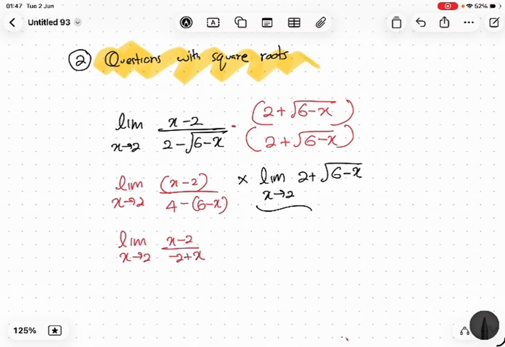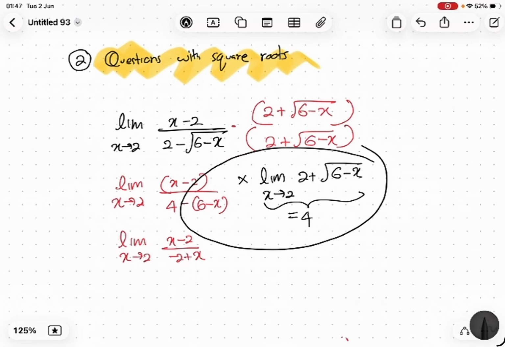From that, without any undefined conditions, we can find the answer. So this is equal to what? When x gets closer to 2, 6 minus 2 is the square root of 4, which means 2. So 2 plus 2 is 4. Now this is a multiplication, so you can write it here, and this one is also 4.